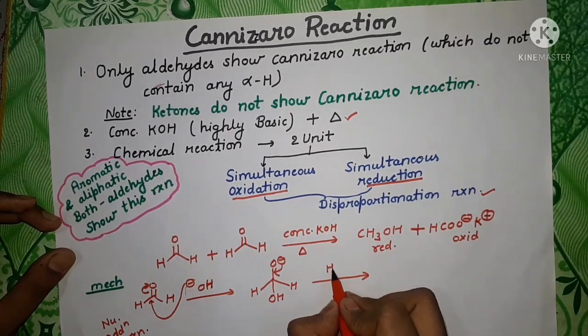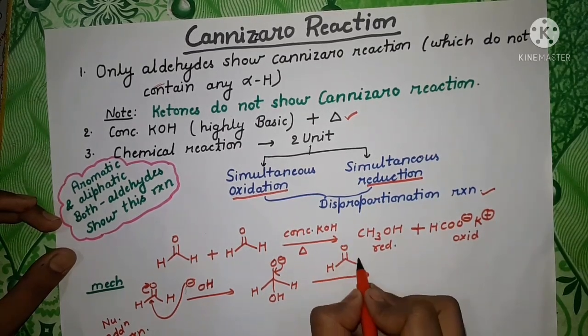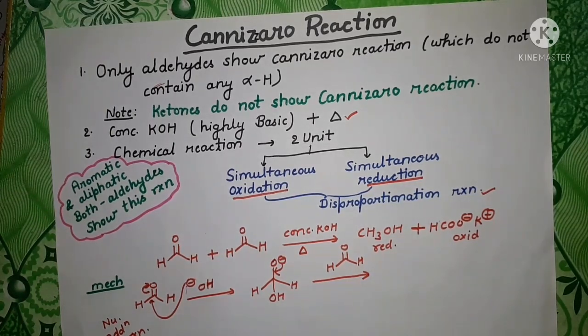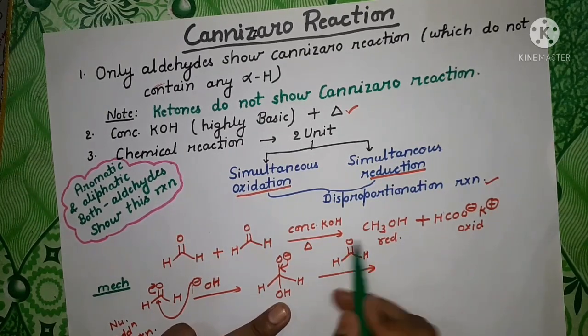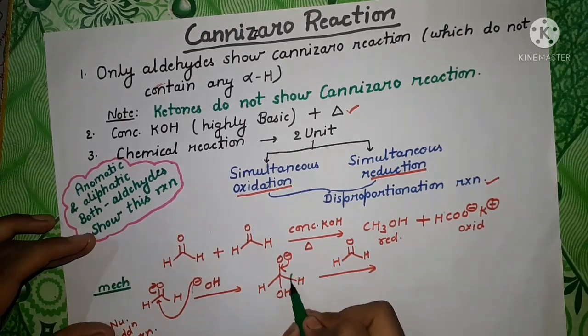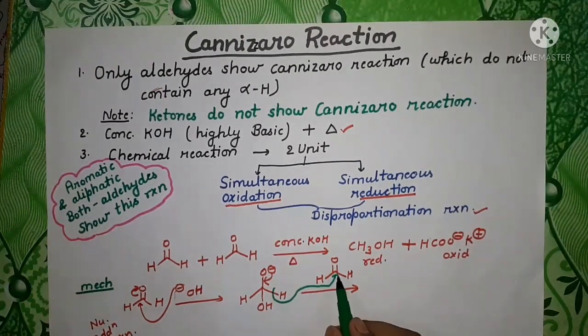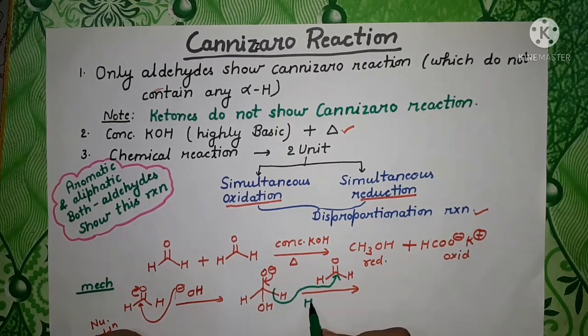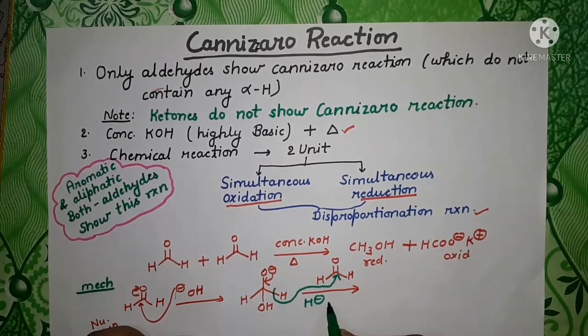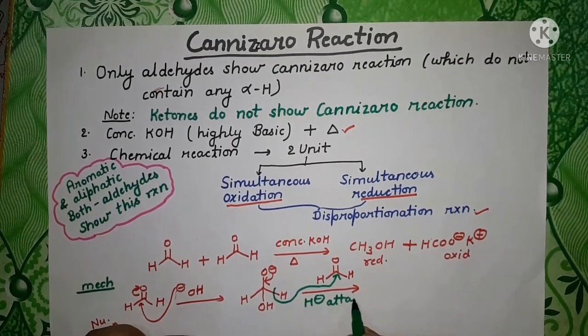And where this hydride shift will occur, as we have another mole of the aldehyde, formaldehyde, this hydride will transfer to its carbonyl carbon. Meaning in this process hydride attack occurs.